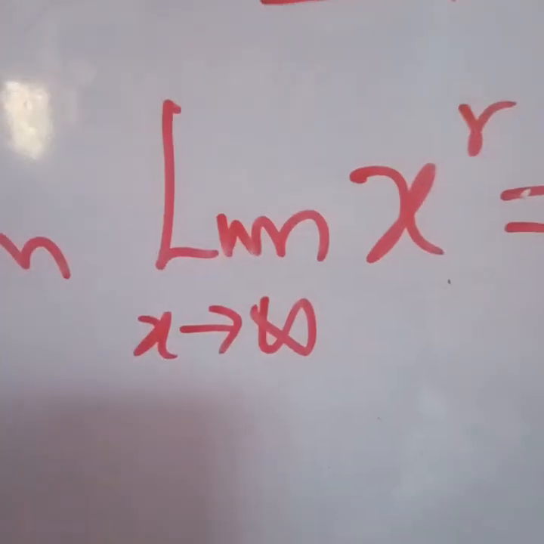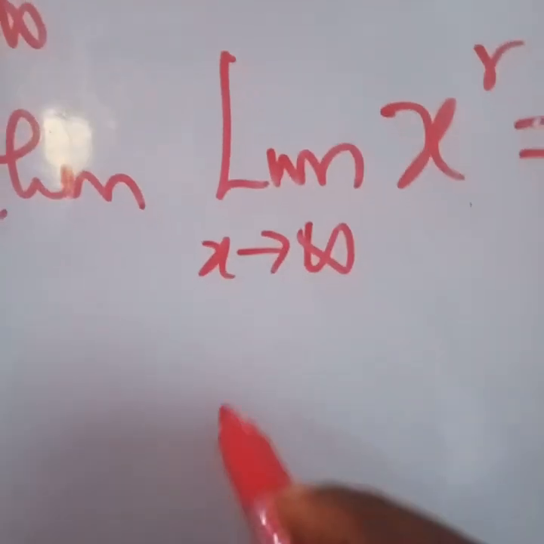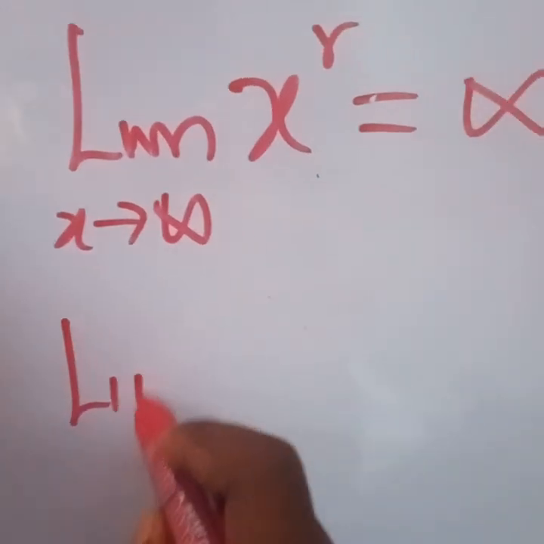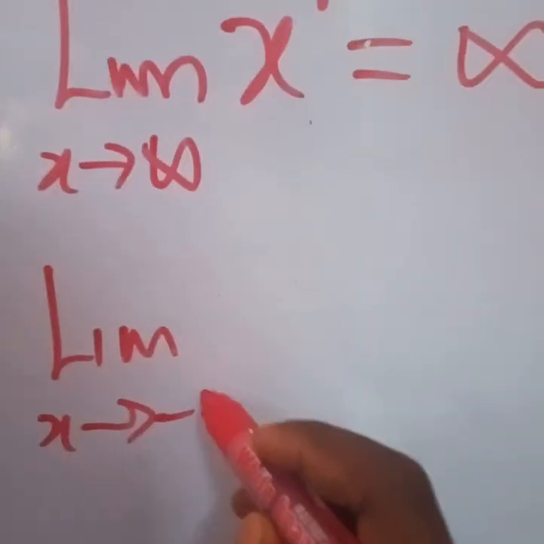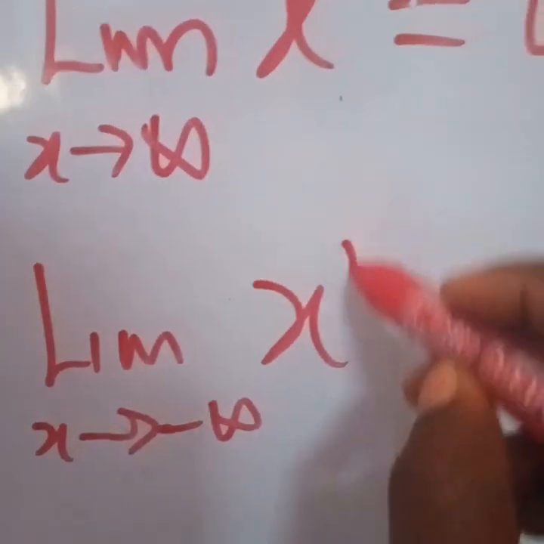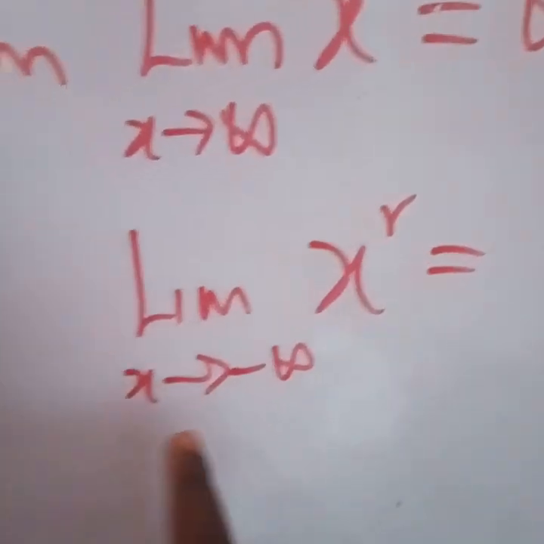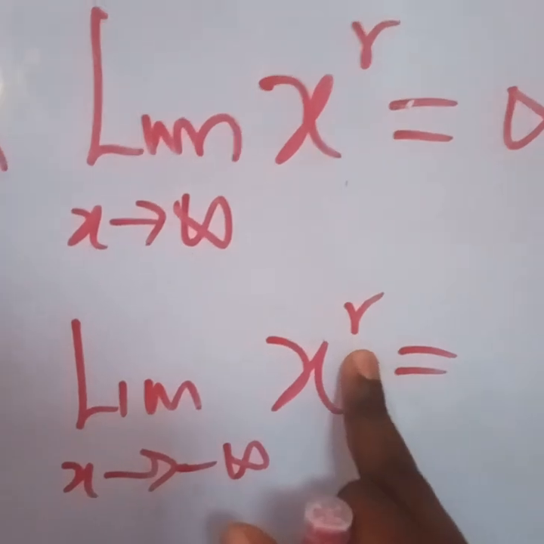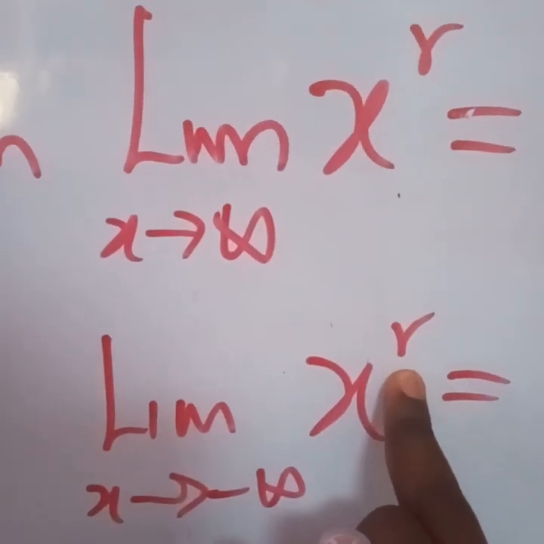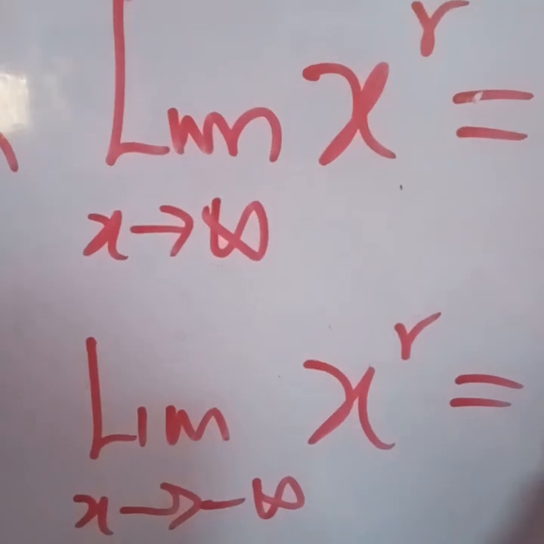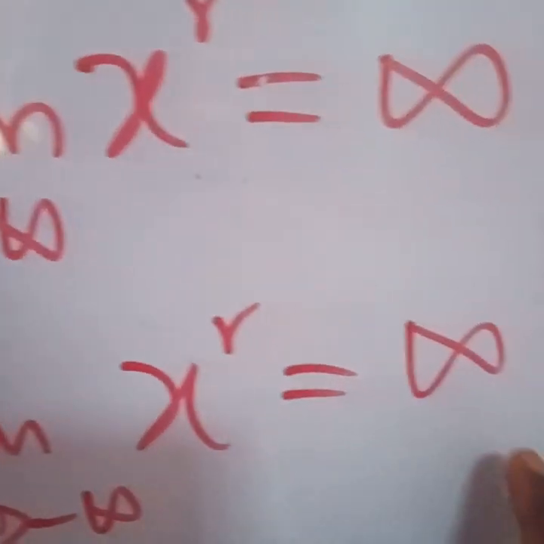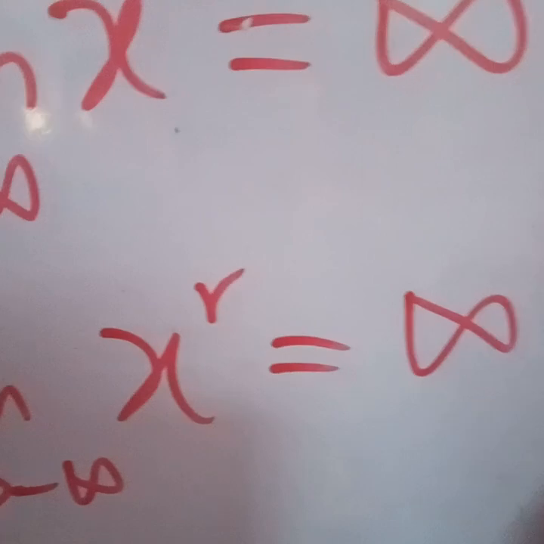One special case under this is if you have the limit as x tends to negative infinity. The result here will depend on the power. If the power is even, the limit will be infinity when r is even.